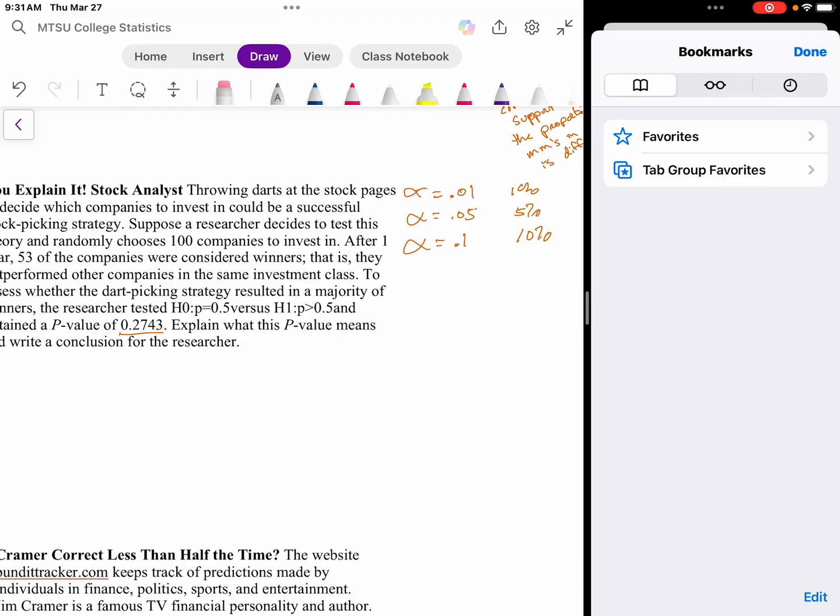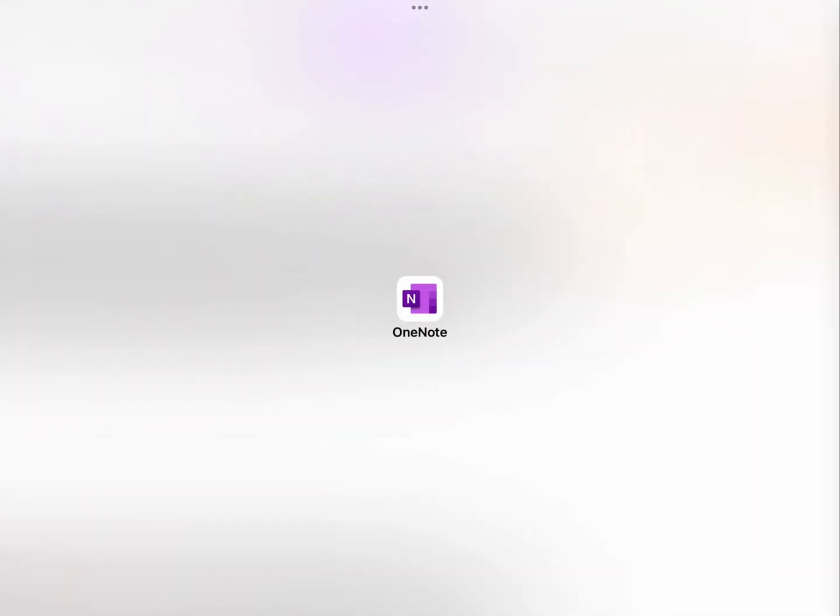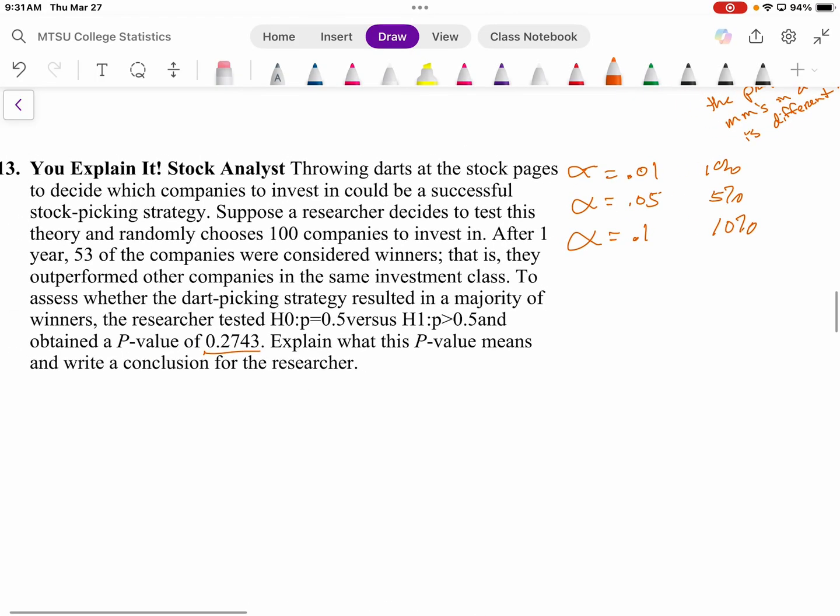When you compare that 0.2743 to each one of those, what do you notice? Is 0.27 greater than every single one of them? Yeah. So would you be making the same decision no matter what?